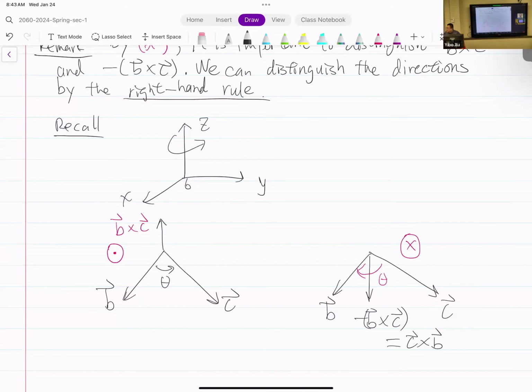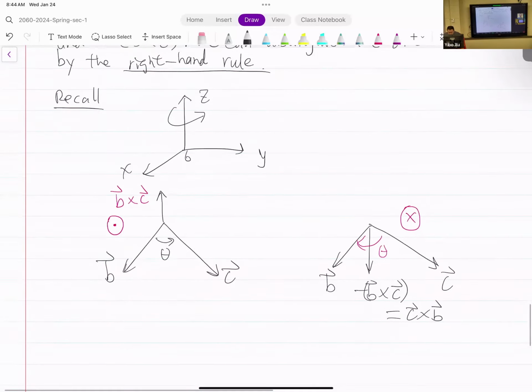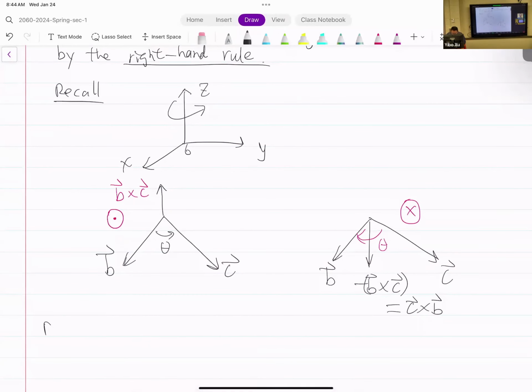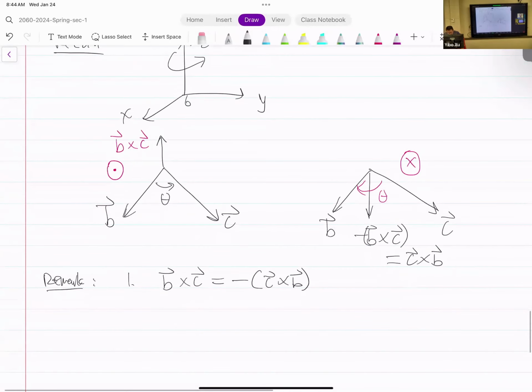Any questions? Okay, more remarks. One, like I said, B cross C equals negative of C cross B. Okay, so they are along the same ray. It's just that they are opposite.